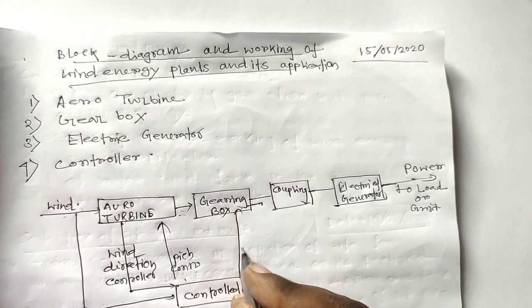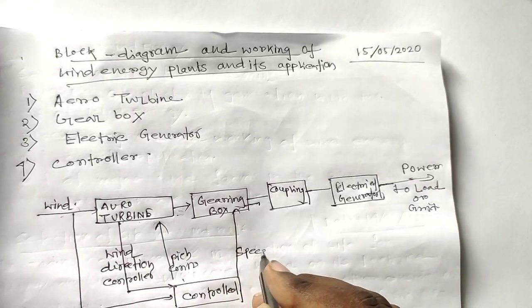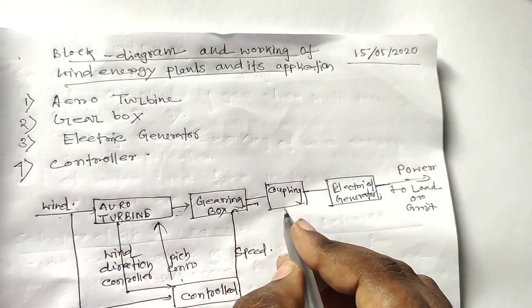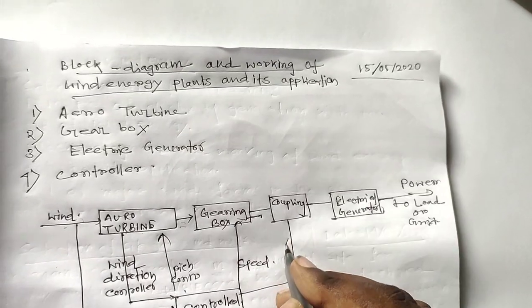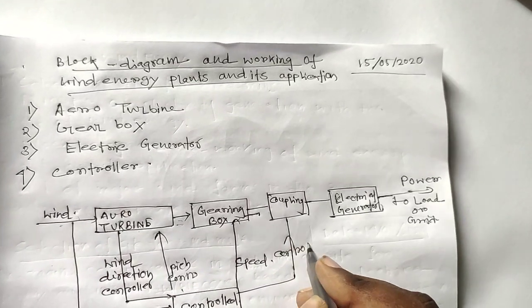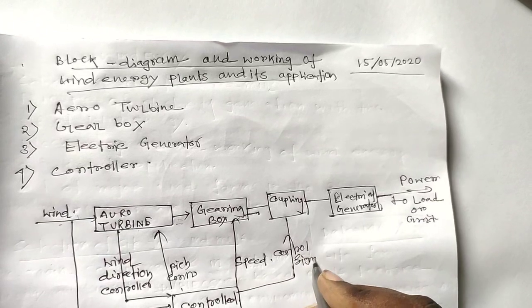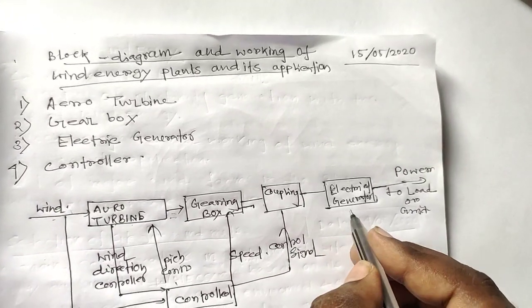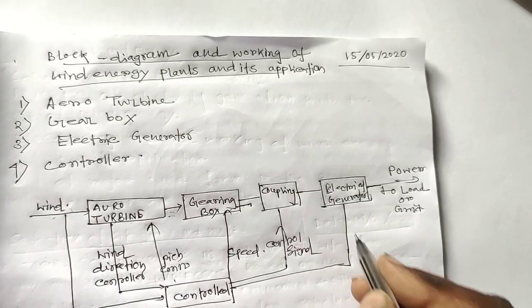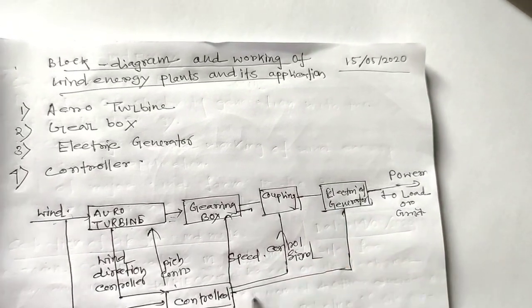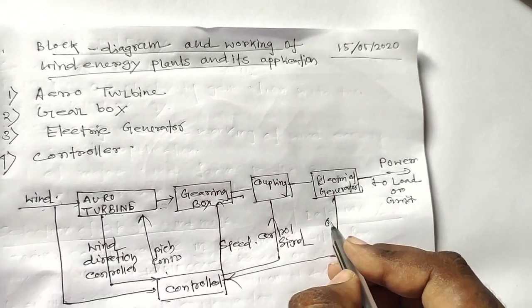Here the turbine speed is controlled by this controlling box. The control signal is also controlled by the controller. The generator also produces a lot of heat. This heat or temperature is also controlled by the controller.